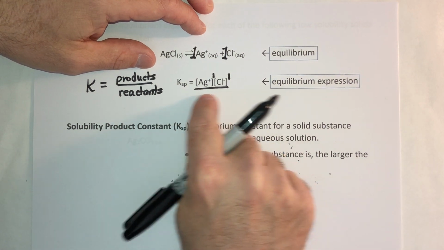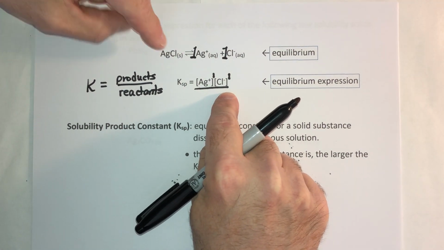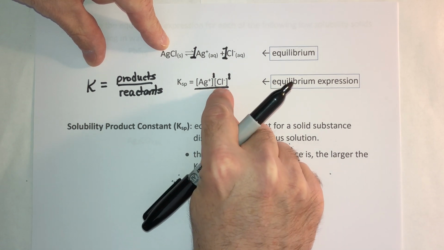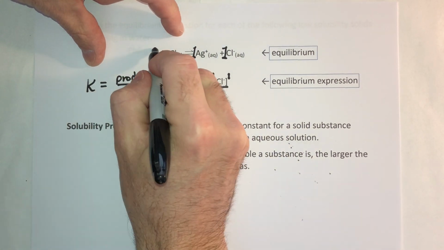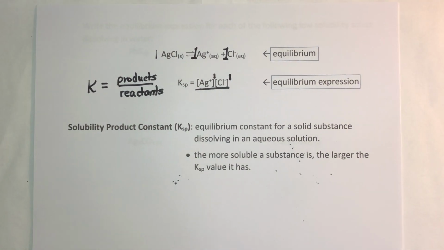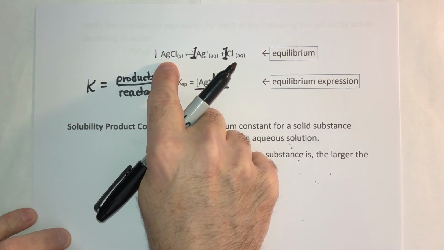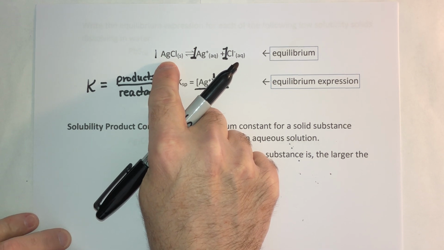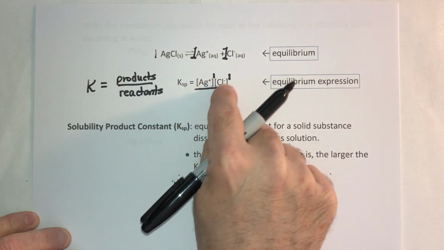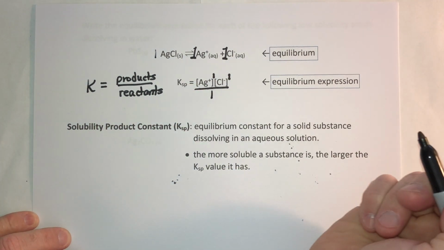Now my reactant should be in the denominator. So this reactant should be down here. I should write AgCl, put it in square brackets, and because there's 1 of them, put a power of 1, right? That should be there. But because my only reactant is a solid, I get to leave it out. It just doesn't appear. And if you have nothing to put in the denominator, technically it's a 1.